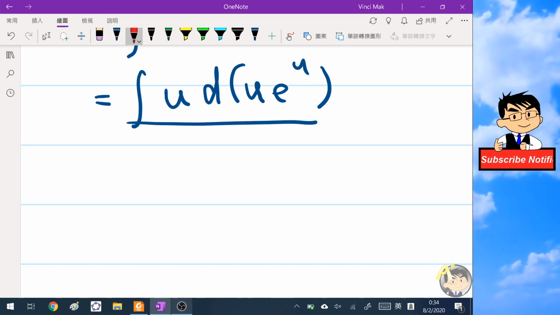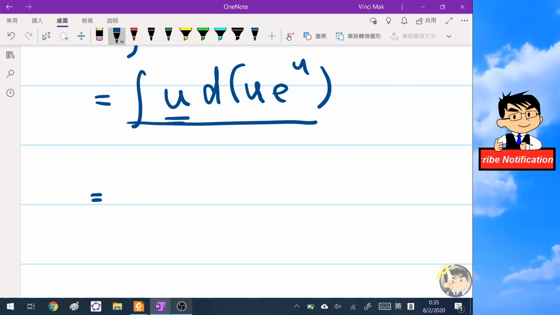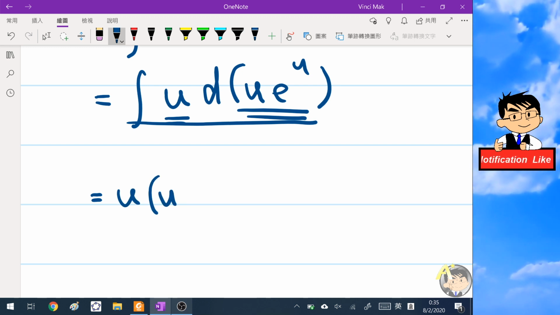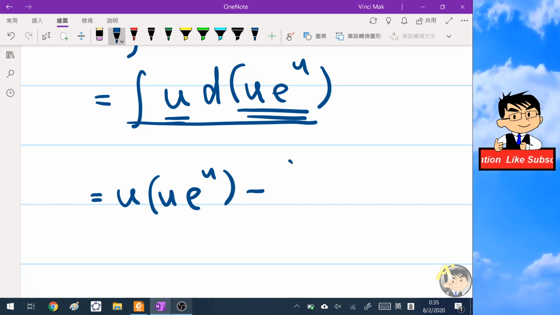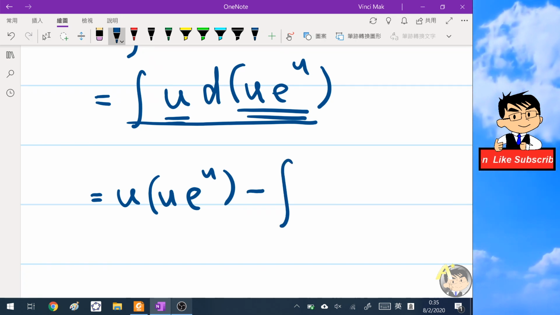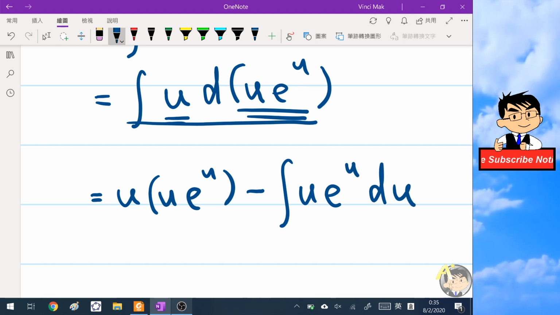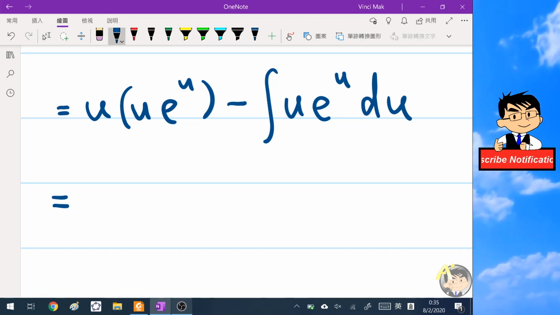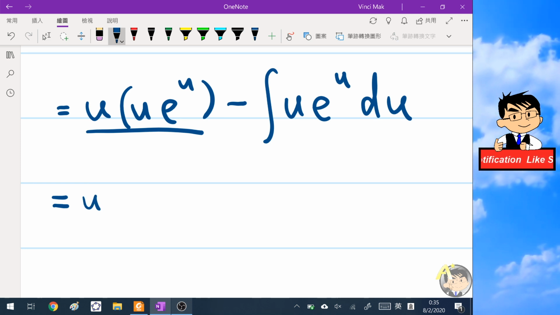Well, notice that we can multiply these two terms in the front like this, and then minus the integration of u times e to the power of u du, and this is very beautiful now. And for these two terms, I try not to multiply them out. I keep them like this.